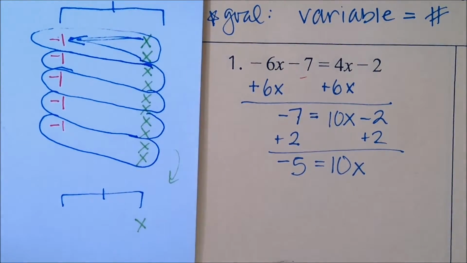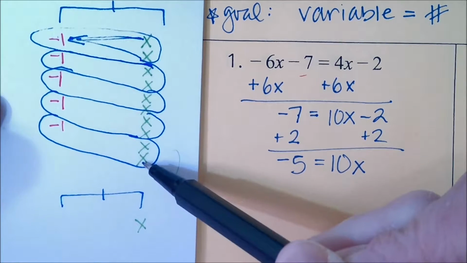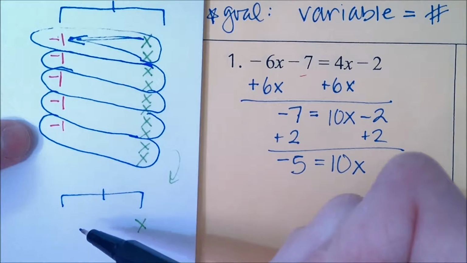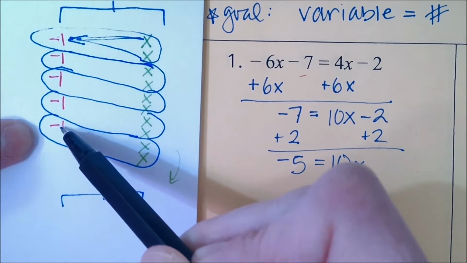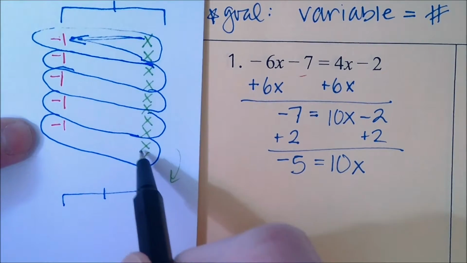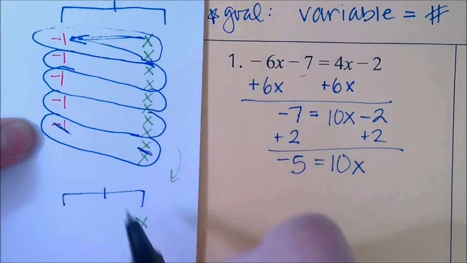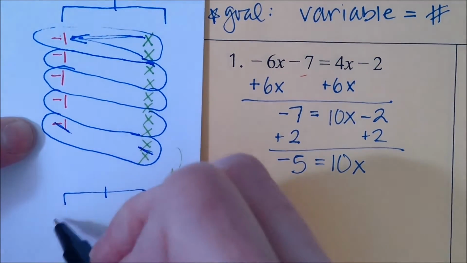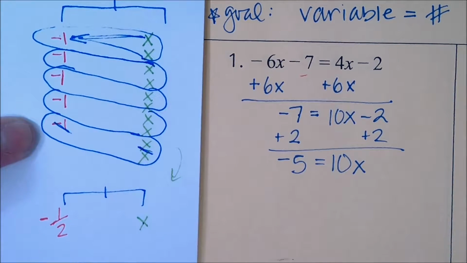Right? So if I wanted to try to group these together, I would have 2 x's with every -1. So for every 2 x's, I get 1 negative. So what do you think would happen if I broke this in half? 1x would equal half of a negative.